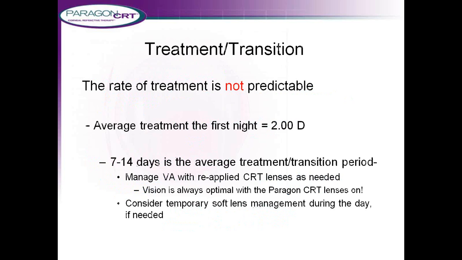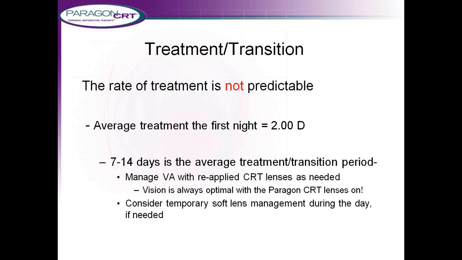A word about treatment. The rate of treatment is not predictable. The average overnight treatment the first night is somewhere around 2 diopters. And the average treatment or transition period in order to achieve an all-day acuity with this treatment is 7 to 14 days.